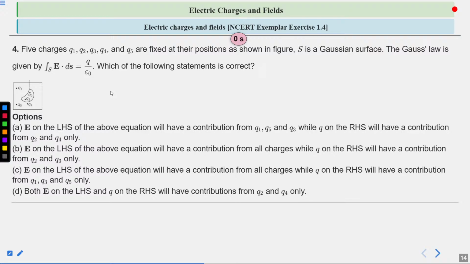According to Gauss law, the total flux is equal to the total charge enclosed by the closed surface divided by epsilon naught. So this is the Gauss theorem.